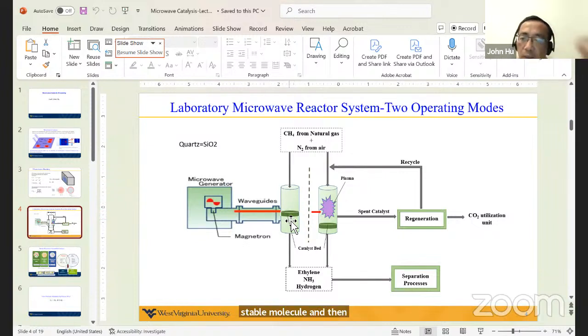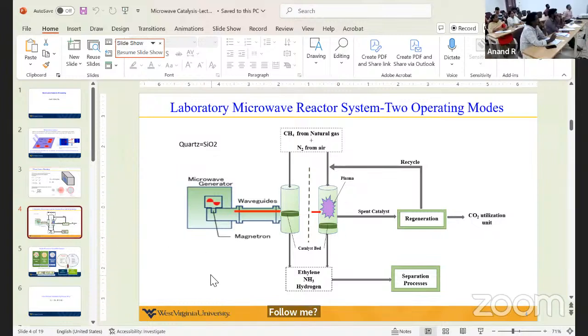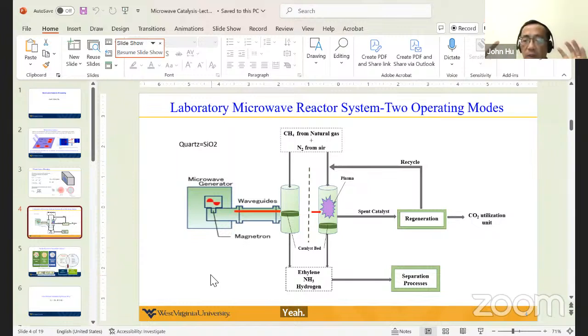But that catalyst has already been activated by the microwave, and then it induces the reaction. In the second scenario, with the same microwave, if you increase the power, the species become plasma, and then react with the catalyst. You follow me? Yes. That's a different scenario. You can operate the microwave in different scenarios.